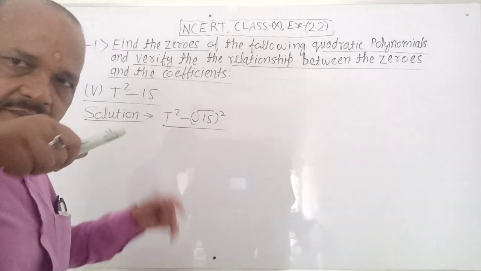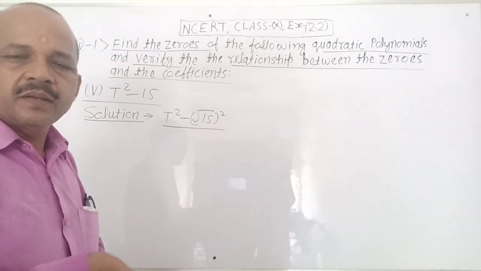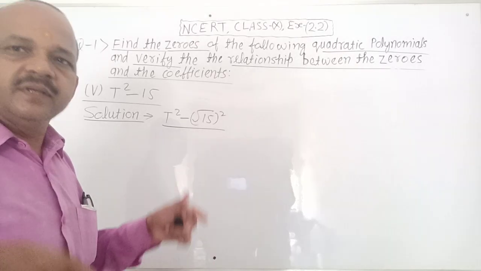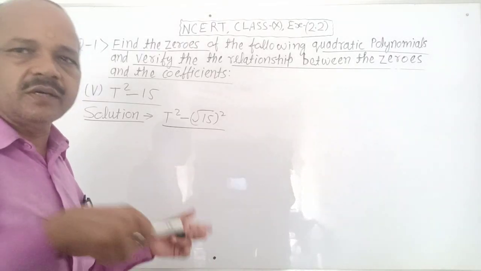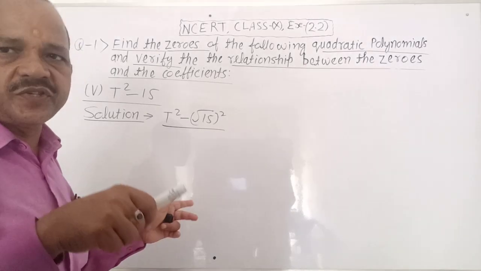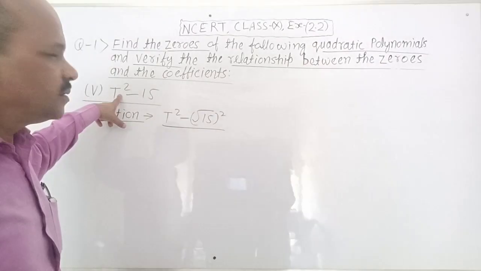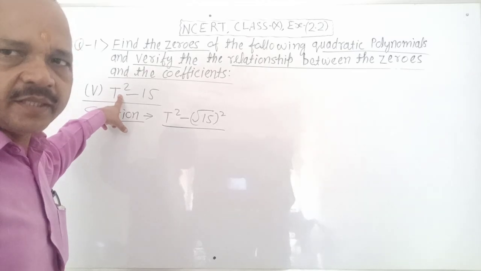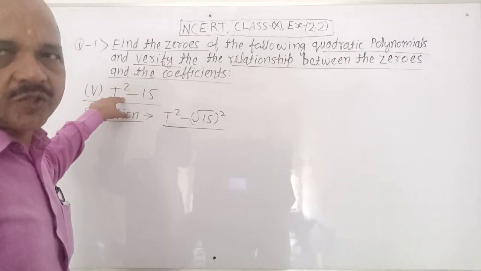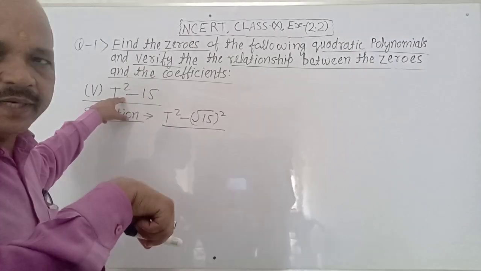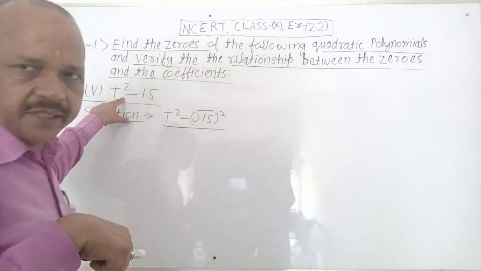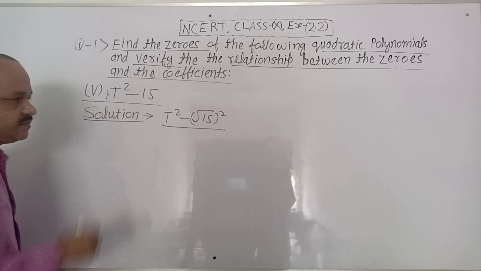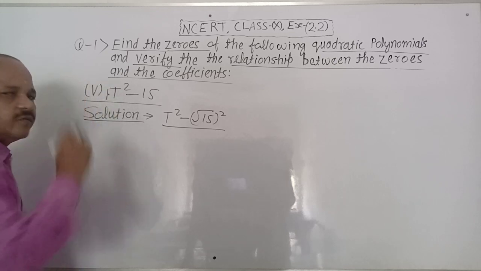Very good. The number in front of the variable, or in front of each term, is called its coefficient. Here, for the term t square, the number in front of it you can write as 1.